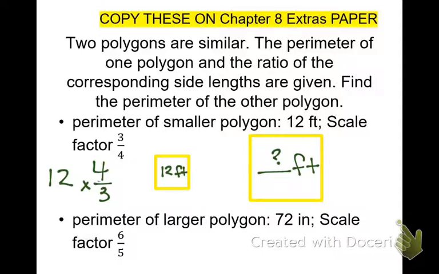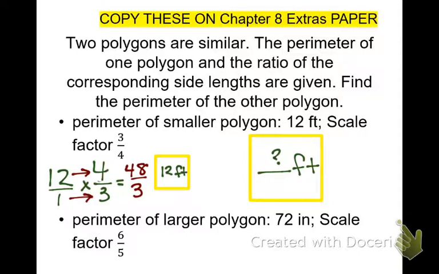Whenever you multiply a whole number by a fraction, what do I have to do first? Put it over 1. When you multiply 2 fractions, this is not a proportion, because what is between 2 fractions when it's a proportion? An equal sign. Is there an equal sign? No, there's a multiplication sign. So you multiply directly across. 12 times 4 is 48. 1 times 3 is 3.